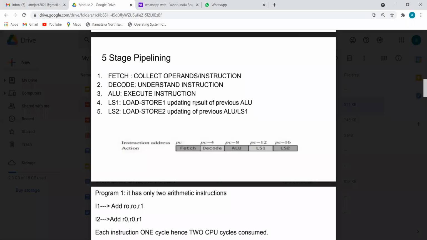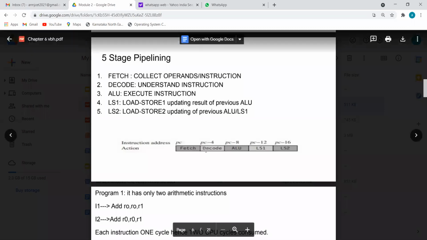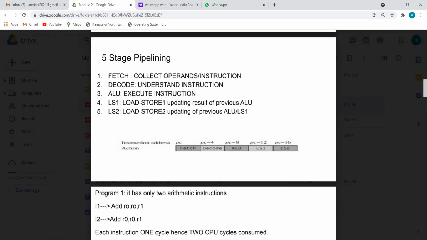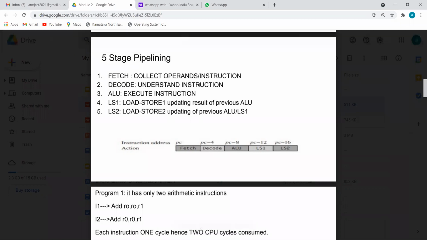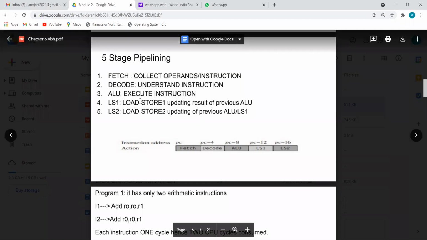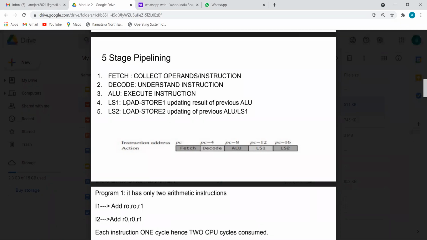Let's go for one more step, an assumption, before we start on one or two programs. You all know the definition of pipelining. Pipelining means ordered execution of instructions. The step-by-step operations are: first fetch, collect the values or operands; decode, understand the meaning of that instruction; ALU means start execution.